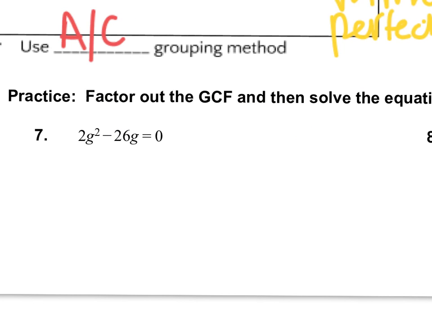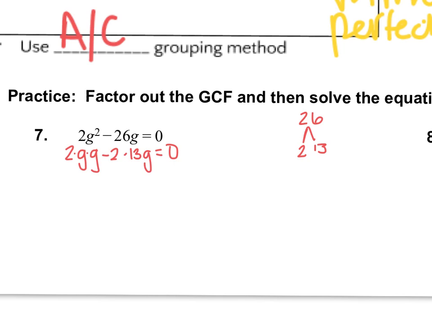In order for me to factor out the GCF, I have to take this problem, 2g squared minus 26g, and I have to prime factor this. Well, 2g squared is just 2 times g times g. And then if I take 26 and I prime factor that, 26 is 2 times 13. So minus 2 times 13 times g equals 0.